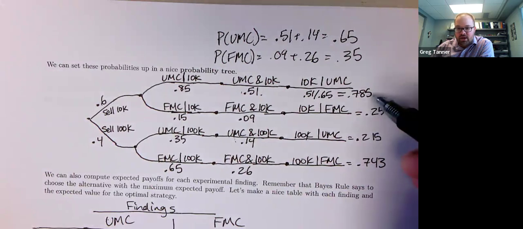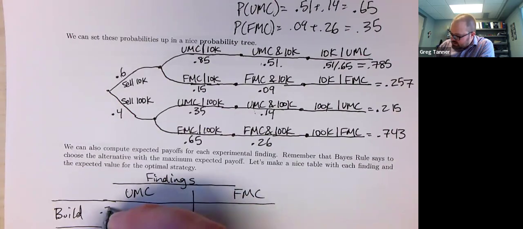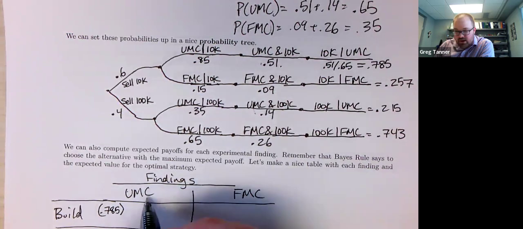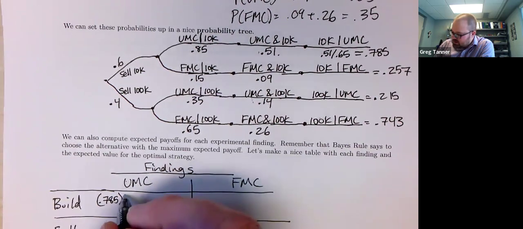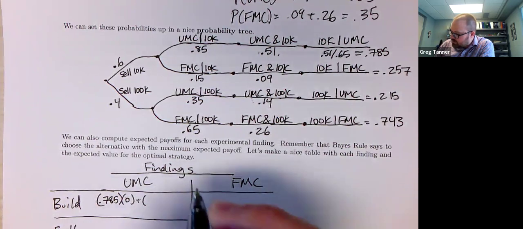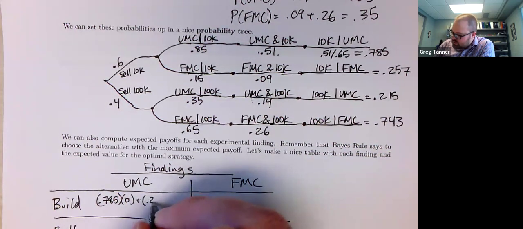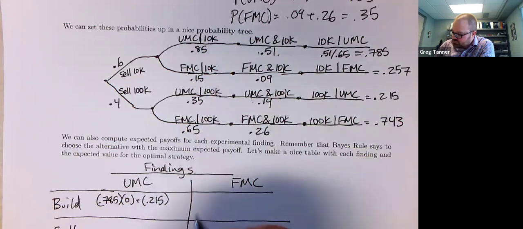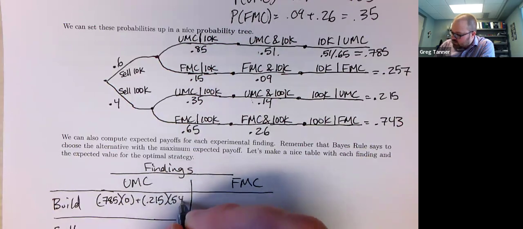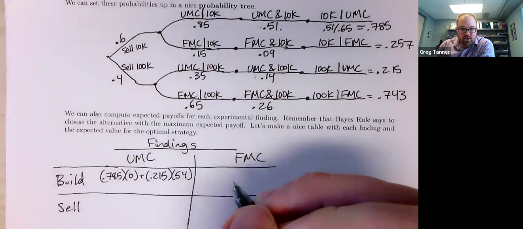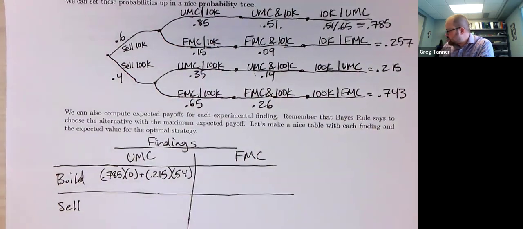So we'll have a probability of 0.785, which is the probability of 10K computers under unfavorable market conditions, times the value of selling 10K, which is 0, plus our other probability under unfavorable market conditions, 0.215, times the value of 54. And then we multiply those out and add them up.